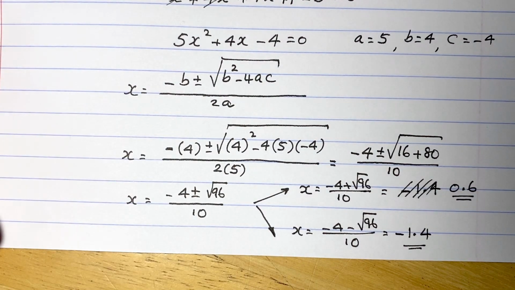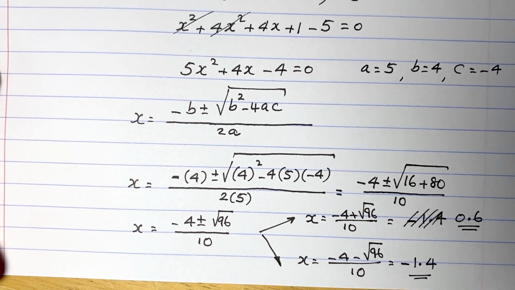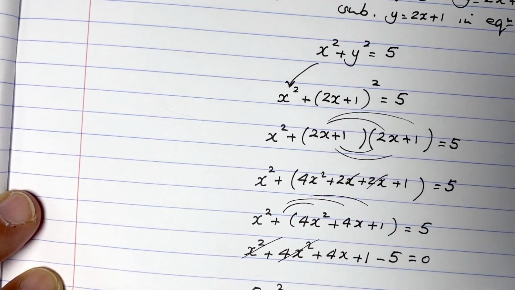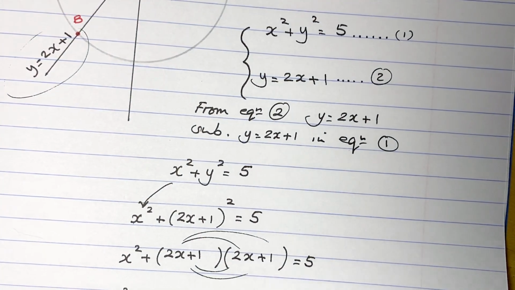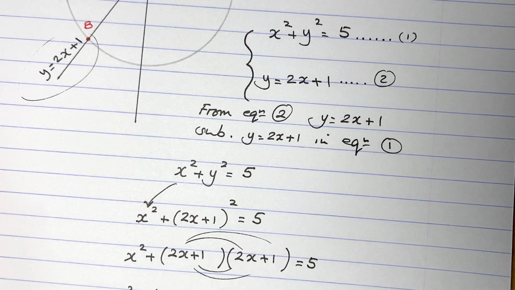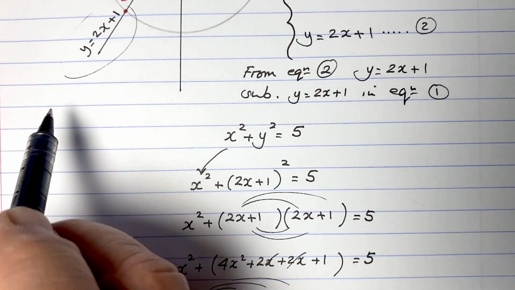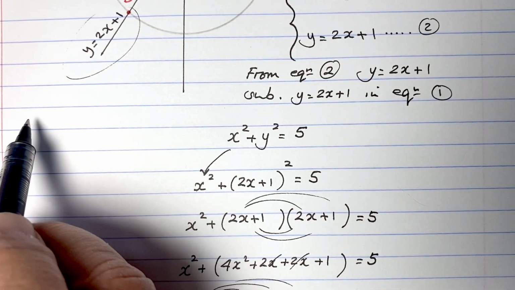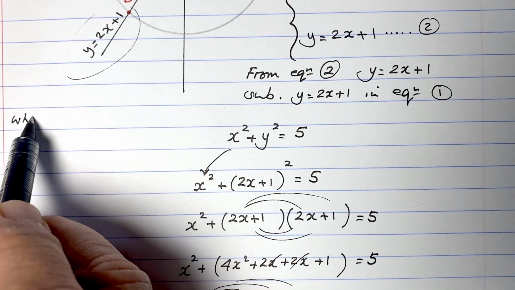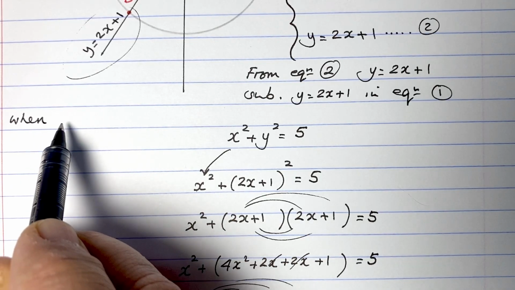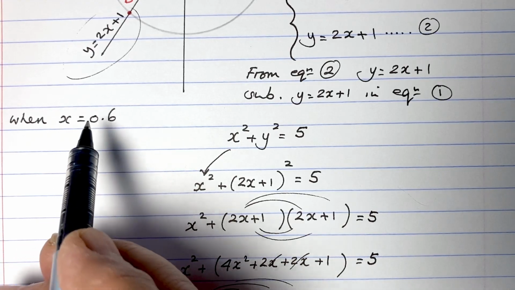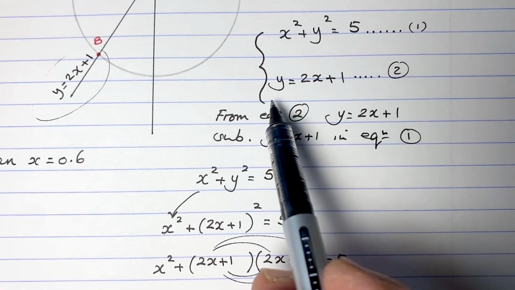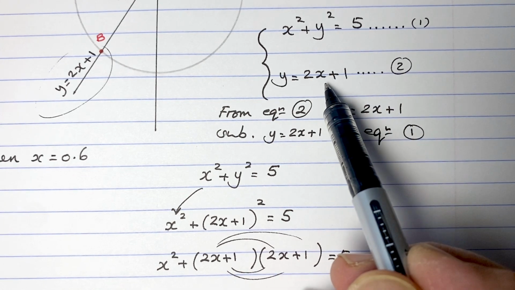Now I need to find the corresponding y values. So we had 2 answers for x. We need to find the corresponding values of y for each value of x. When x equals 0.6, I can now use either equation, either that one or that one, to find the y value.